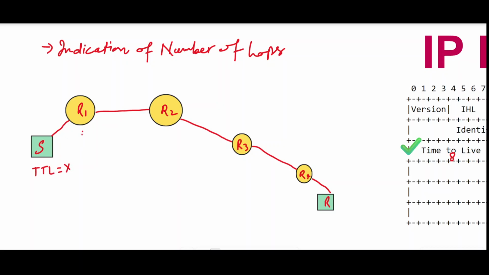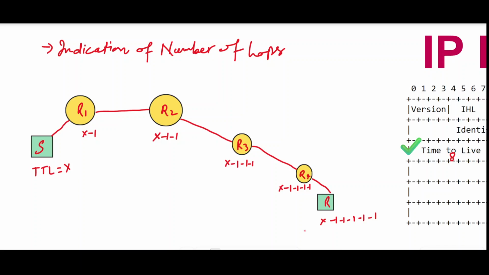Now at this point the TTL will be x minus 1. Here x minus 1 minus 1, here x minus 1 minus 1 minus 1, here x minus 1 minus 1 minus 1 minus 1.